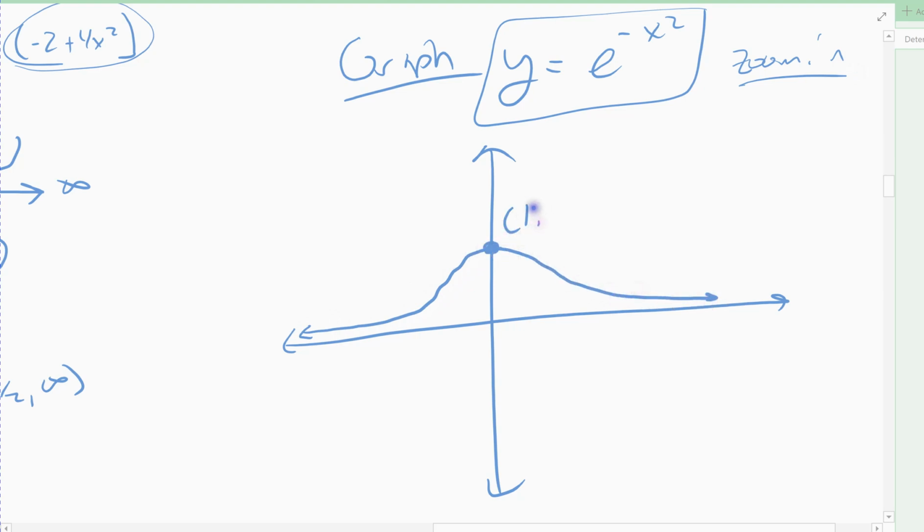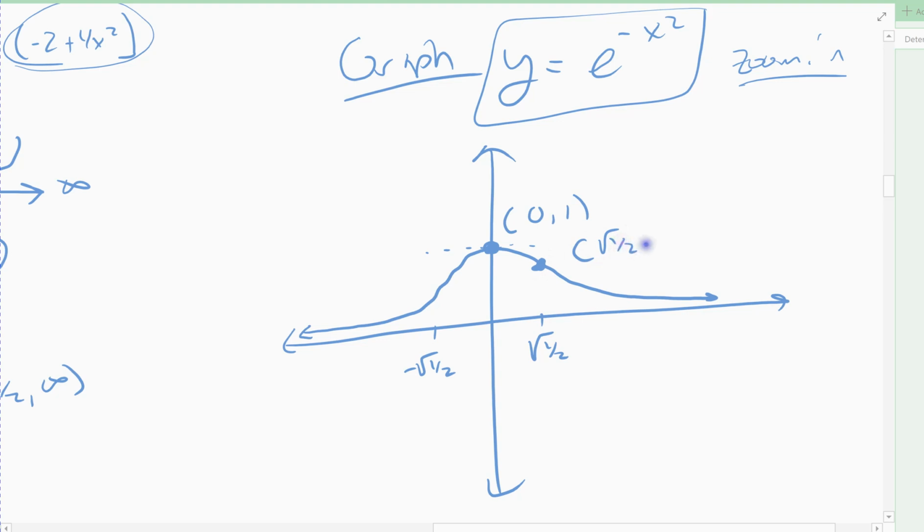This is the point 0, 1, which is my critical point. I got a horizontal tangent, and that's my max. And then use your value key, so you can kind of see where it is. Hit second trace, value, and then type in square root of 1/2, and this will check the numbers. And it should be about right here.